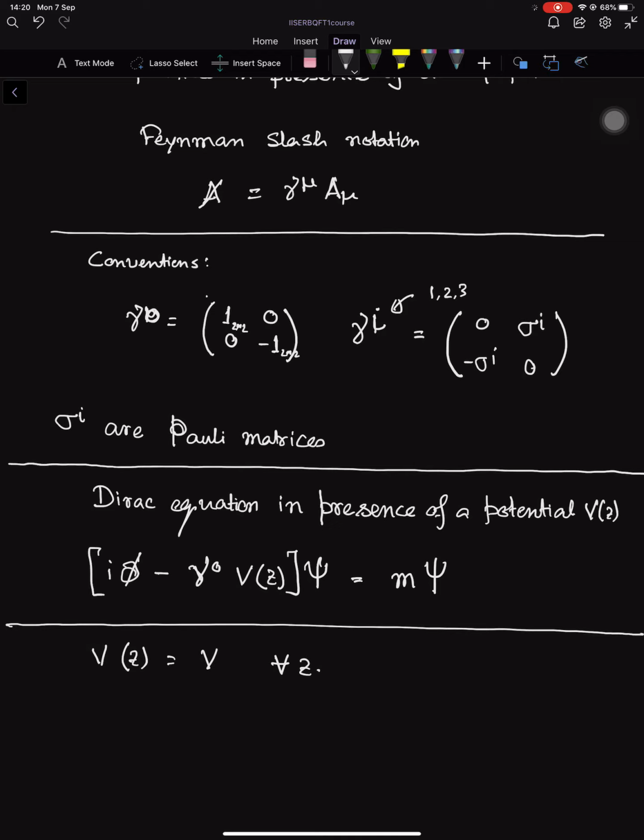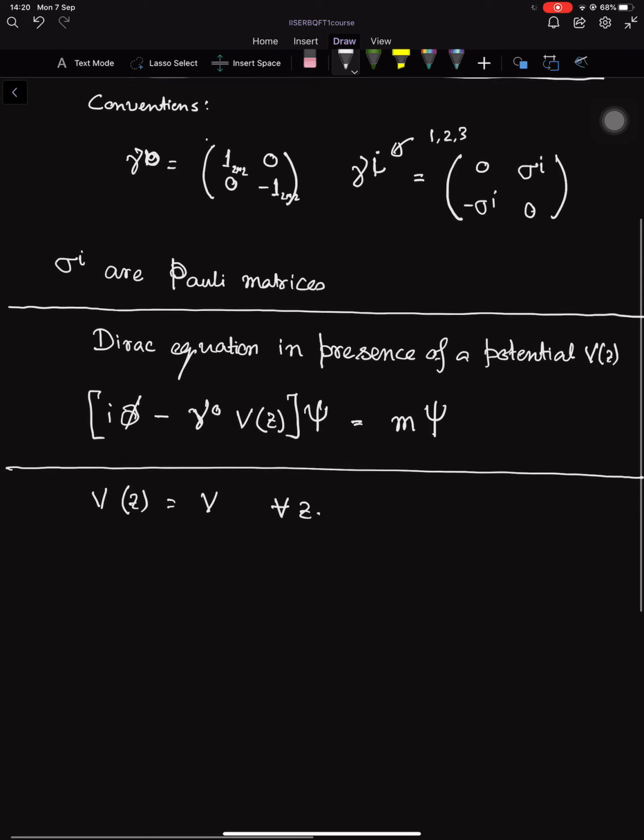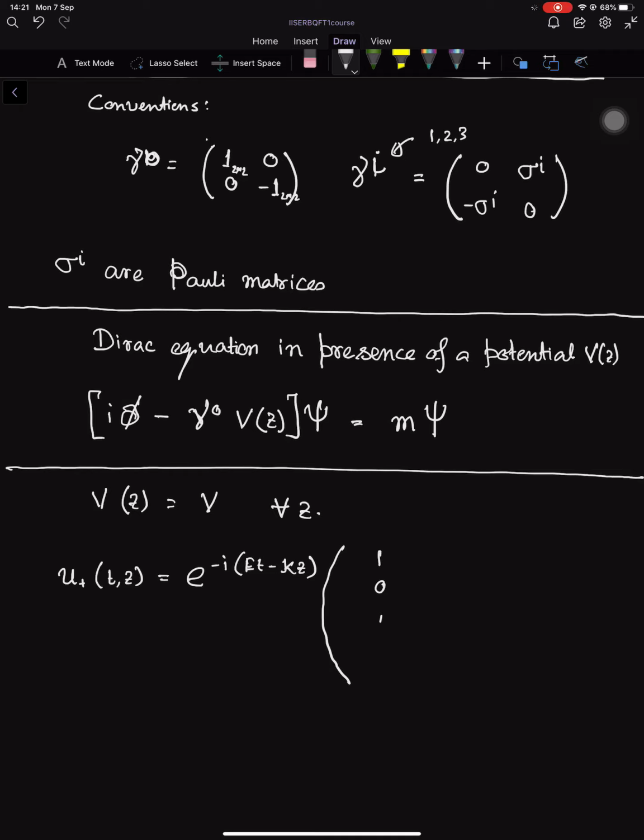Then there are two independent solutions of the Dirac equation. One is 1, 0, k over E minus V plus m, 0.